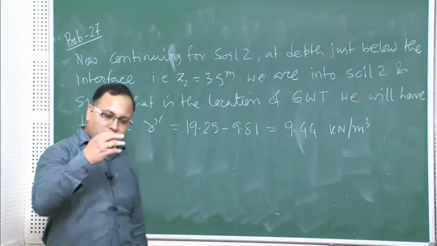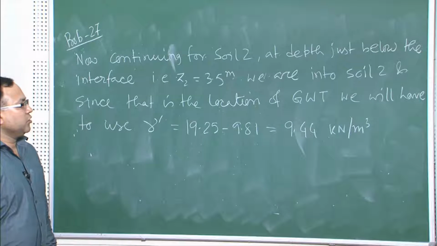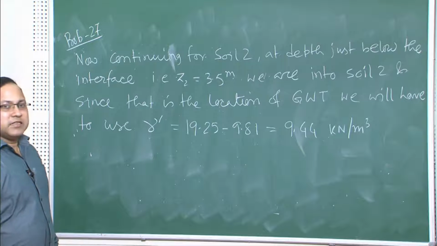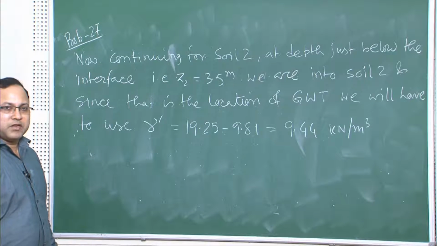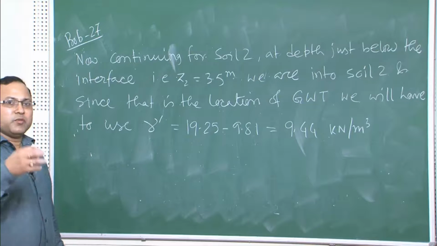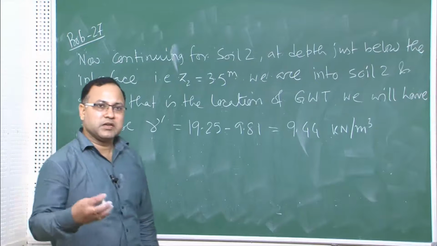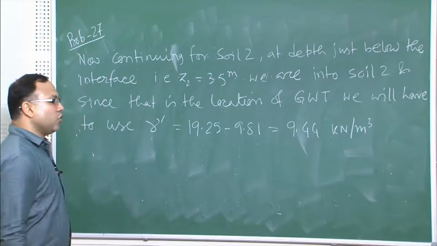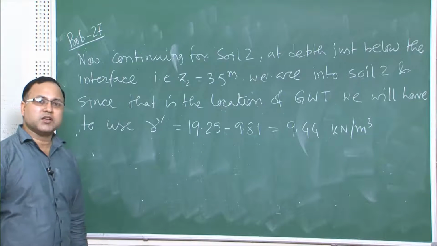The interface is the location of the groundwater table, and the groundwater table should be considered just below the interface, because just at the top of the interface there is no effect of water. Just below the interface you are getting the effect of water.